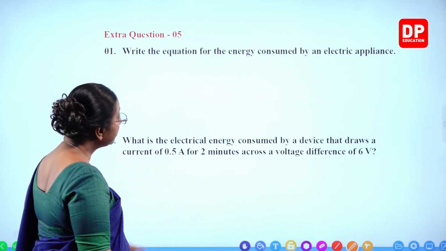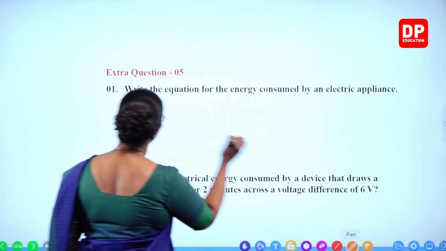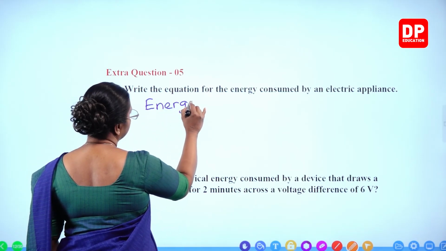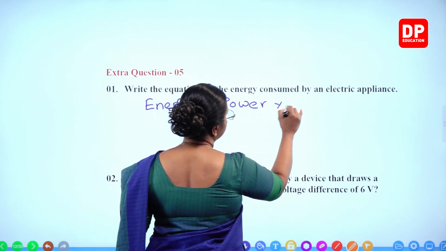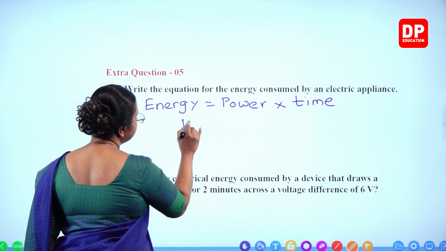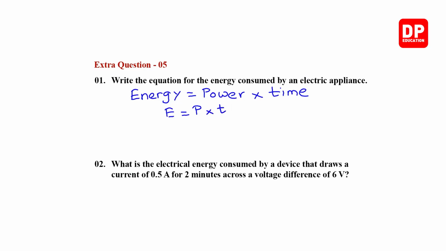So write the equation for the energy consumed by an electric appliance. So energy equals power into time. So if you write it in symbols, E equals P into T. But you all know this is one equation, you can use this.